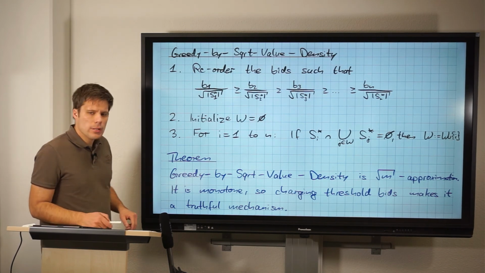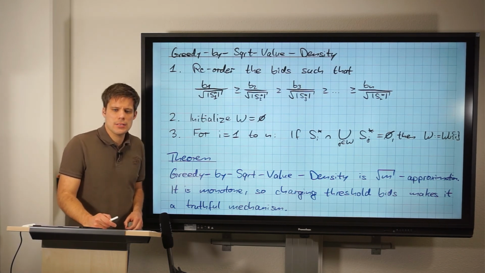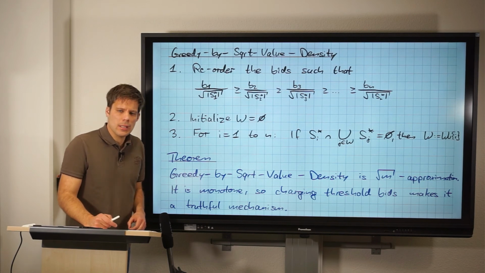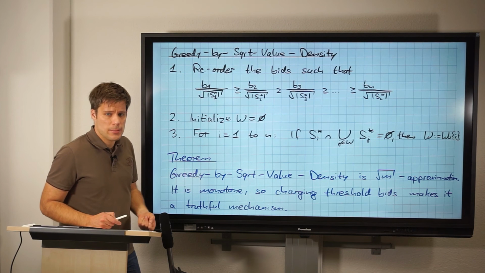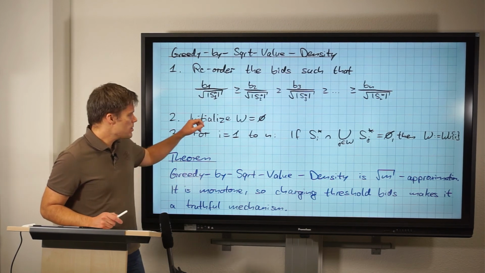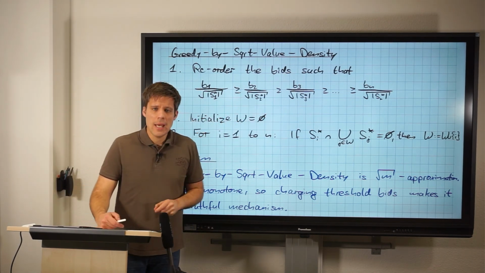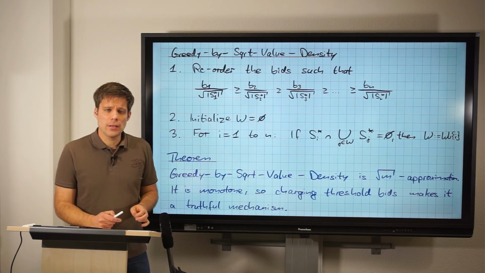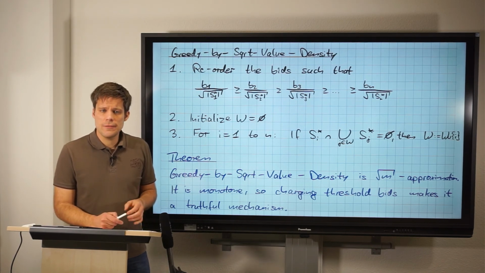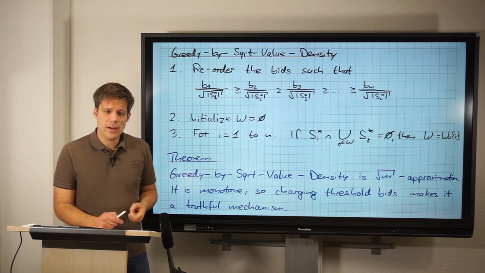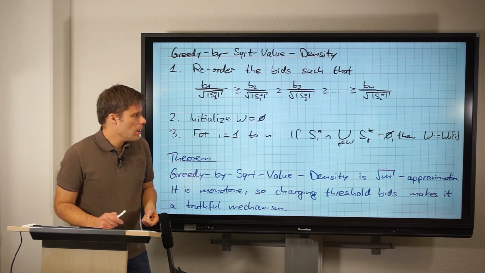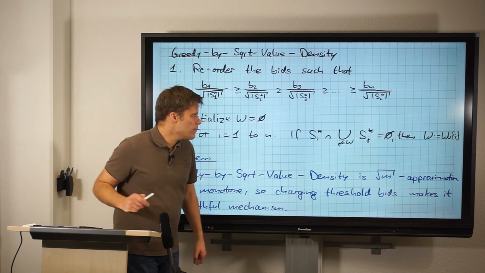Now, this second part of this theorem, I hope, isn't too surprising at all, because we are more or less using the same kind of algorithm that we were using before, and we were assuming that these S_i star are public knowledge. So you cannot even influence what your bid is divided by. And then the same thing happens.